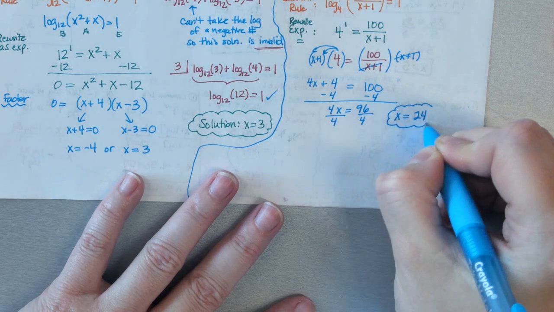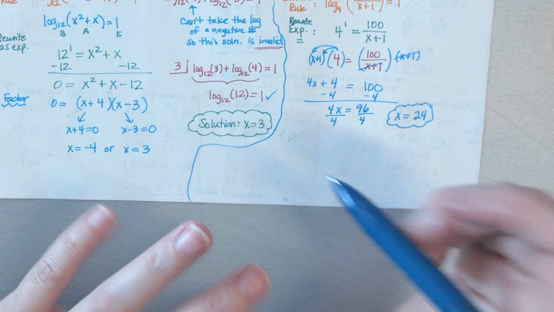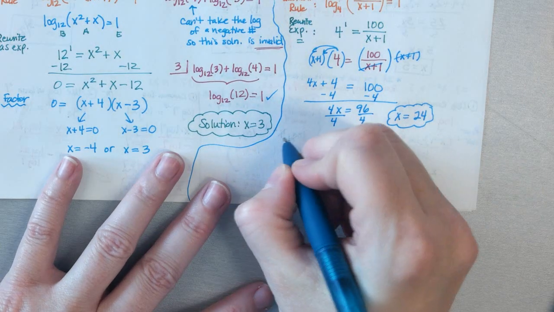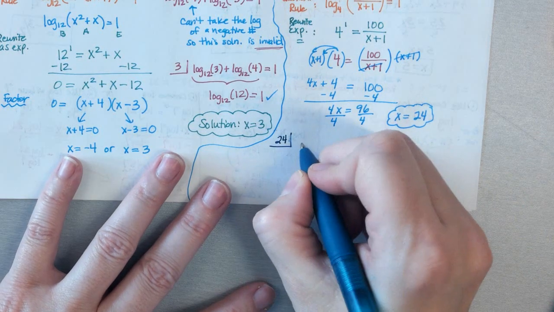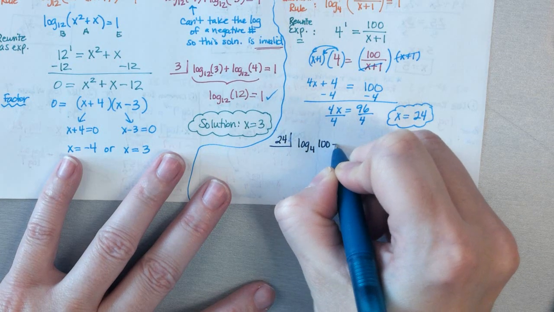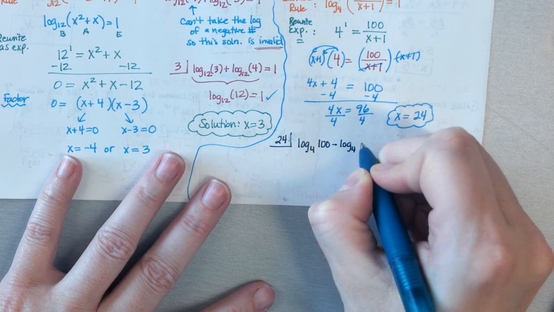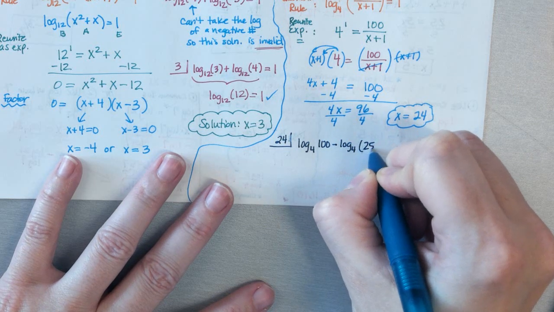Okay, so sometimes you might only get one answer. We still need to check to make sure it does not produce a negative log. So when you're checking this, you're just plugging it back in for x into the original. So this is log base 4 of 100 minus log base 4 of 24 plus 1. 24 plus 1 is 25.